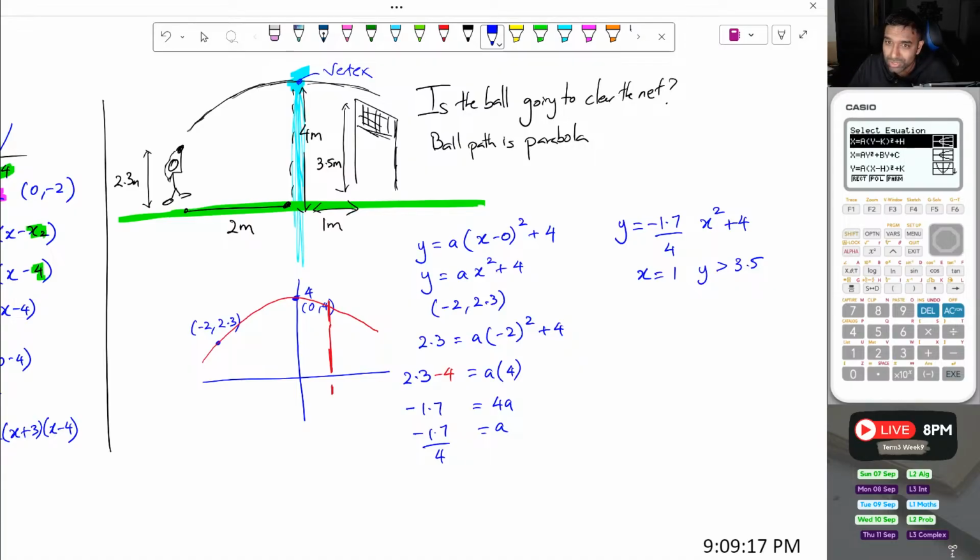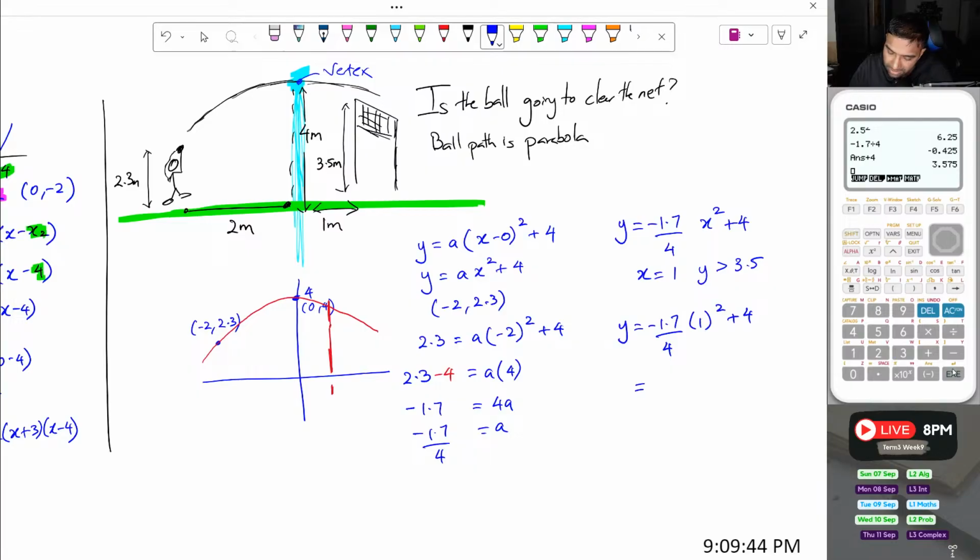So all we have to do is just substitute 1 in here. So we got y is equal to negative 1.7 over 4 times 1 squared plus 4. So literally, I'm just going to put this in the calculator. So go into main menu, go to 1, and I've got negative 1.7 divided by 4 times 1, that's just that, plus 4.